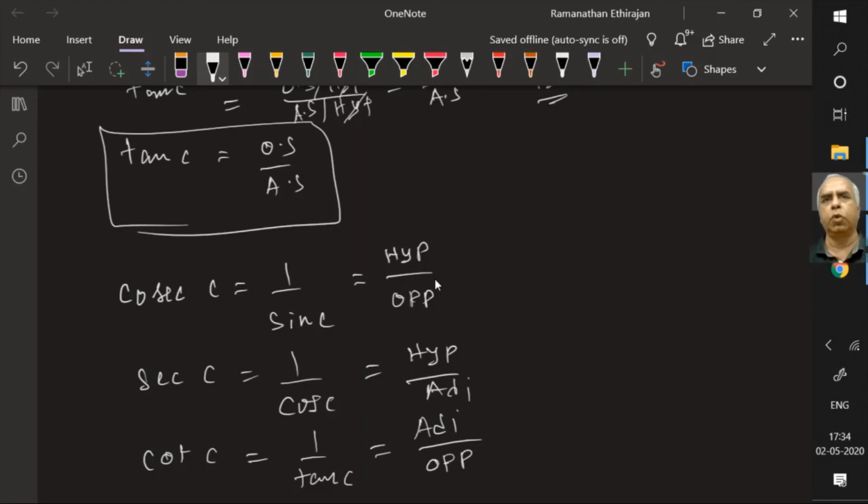You can put OS or OPP for opposite side, and AS or ADJ for adjacent side. So this is the basic formula, and based on that you can work out.